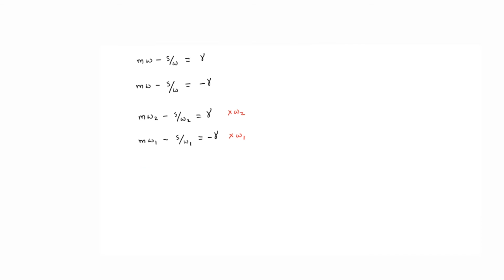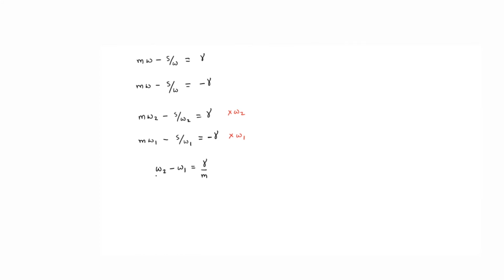I will leave it to you to do that small piece of mathematical step, and once we do that, we will get omega 2 minus omega 1 is equal to gamma by m. Now it looks like we are getting close to the result.